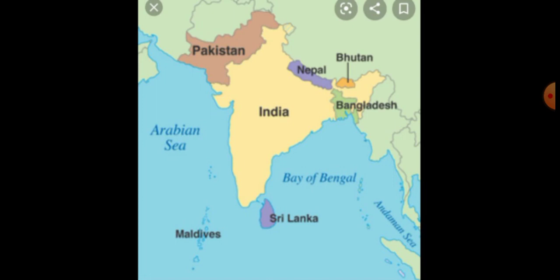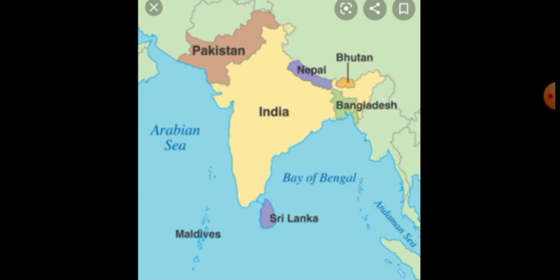India's present population is 1.38 billion. The people of India speak different languages, but the national language is Hindi.